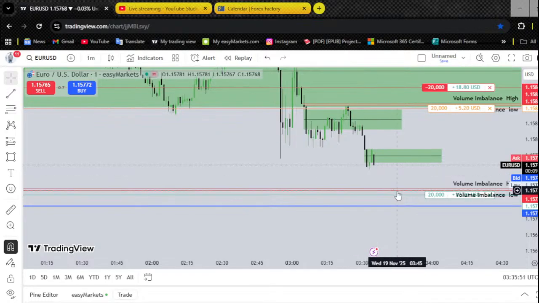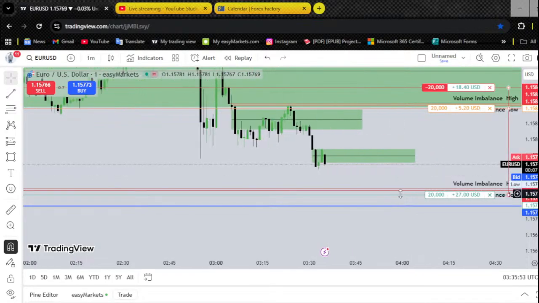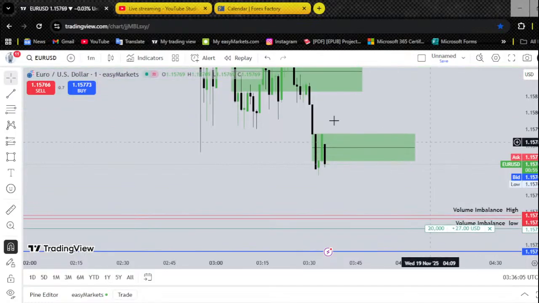That's a good one. It hasn't even closed. Oh yeah, that's a good one. Now closing below that fair value gap. This one should not be touched. Breakaway gap.